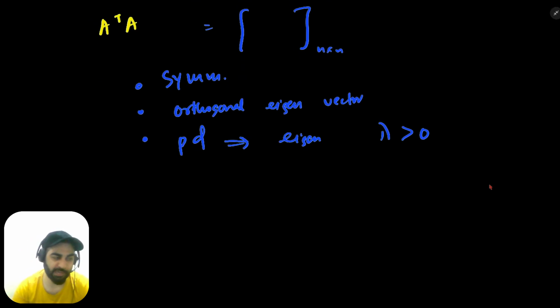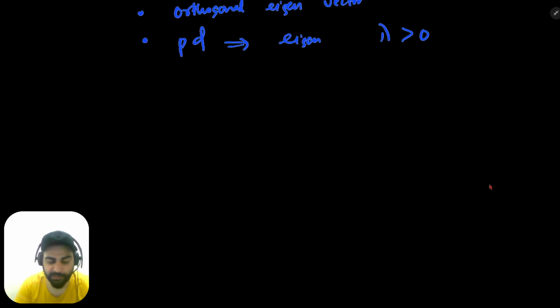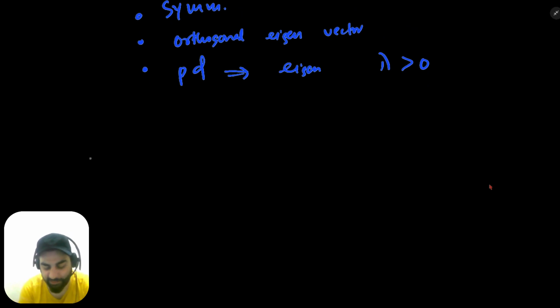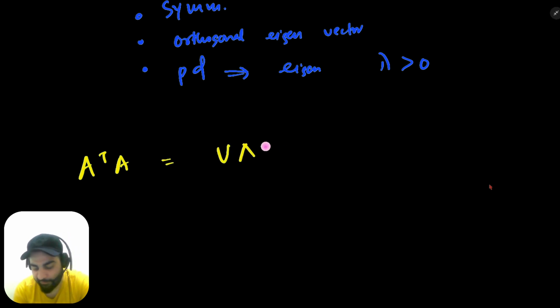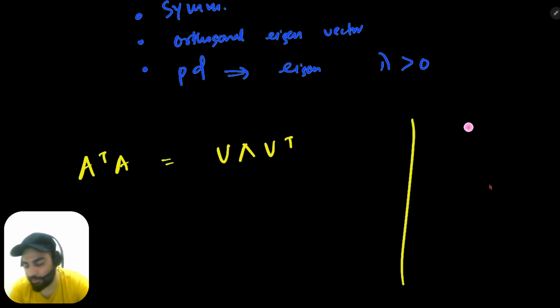Now how can we use that? Taking this example, A transpose A, because it's a symmetric matrix, can be decomposed into V lambda V transpose, our old diagonalization, which we call the spectral theorem. Sometimes you might see it written in books as the spectral theorem.